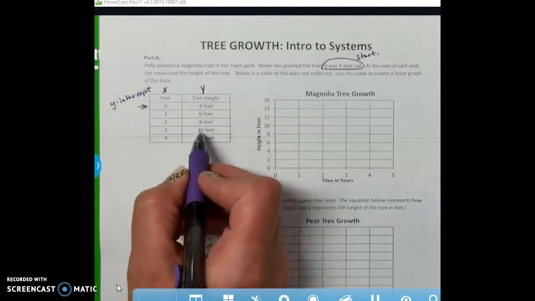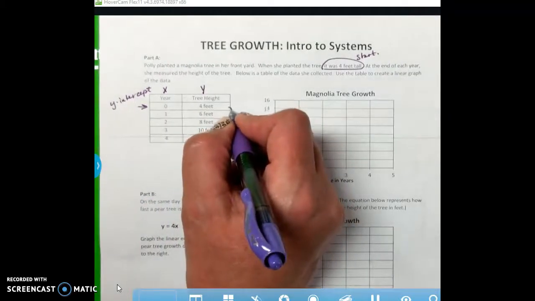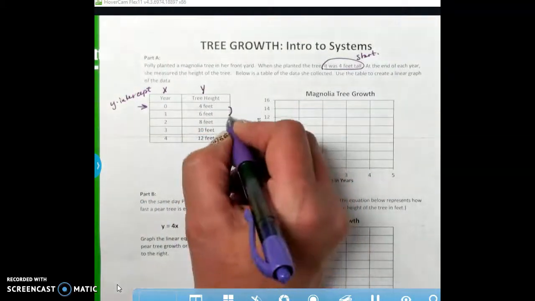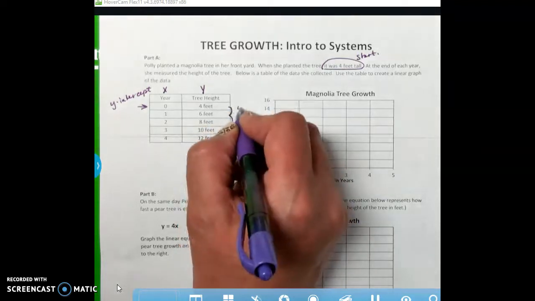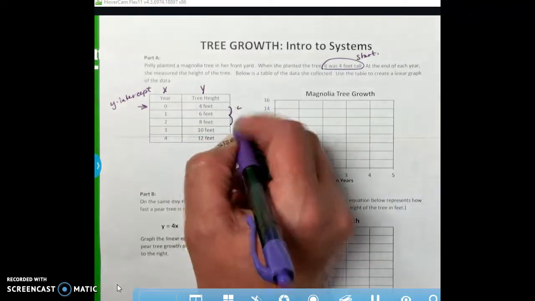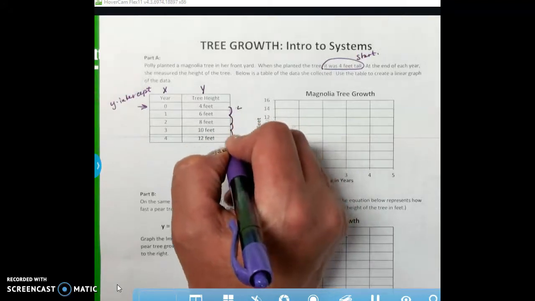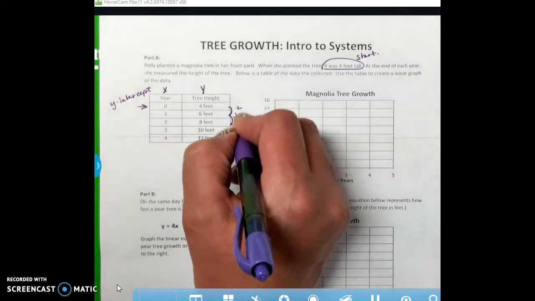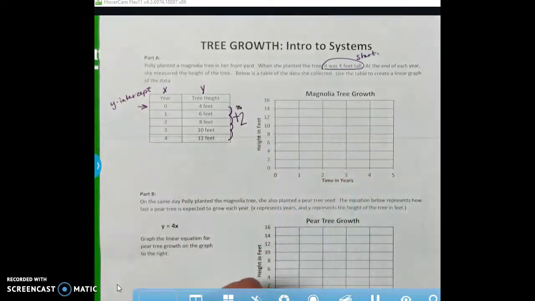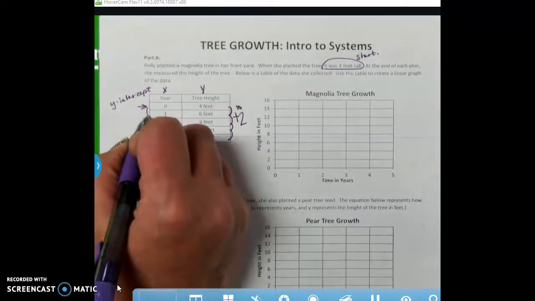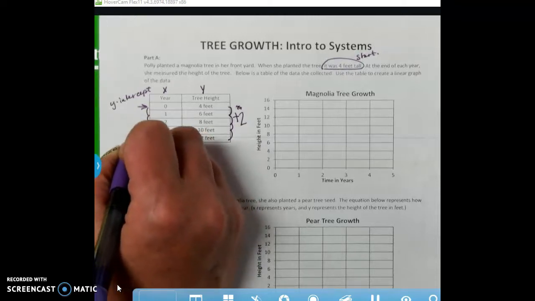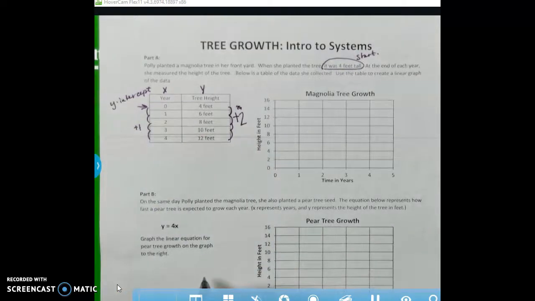I know we have it labeled, but what was the change? From year 0 to 1, 2 feet: plus 2, plus 2, plus 2. Every change that we're seeing, I'm going to make it larger, is plus 2 feet. 2 feet per year. It's per year because the x change is plus 1.